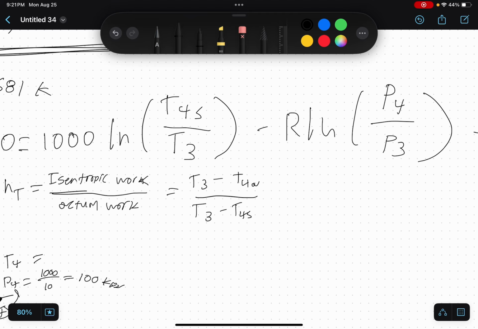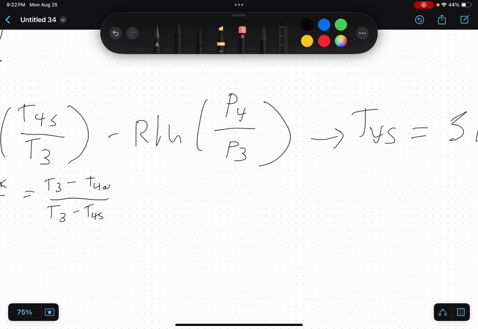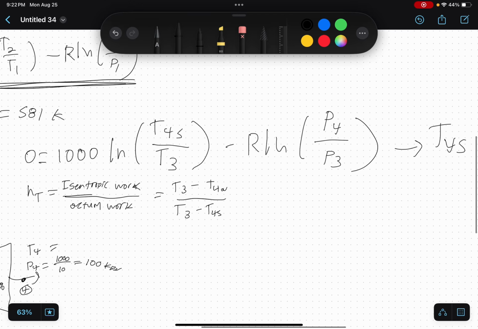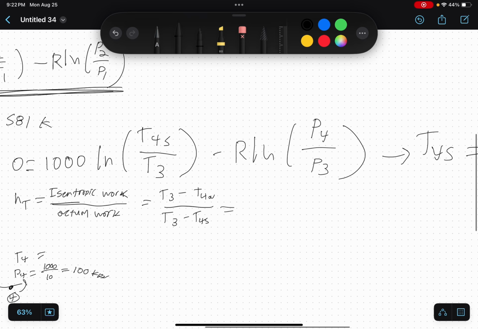Google says yep, 516 is right. Interesting. Oh, that makes sense. That makes sense. All right, let's finish this out and then I'll try to explain why I think it makes sense.